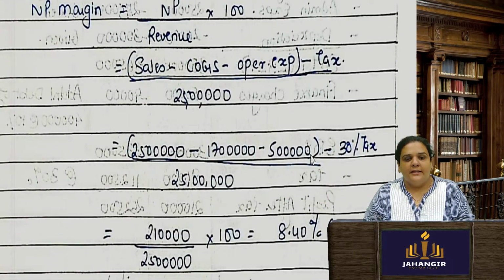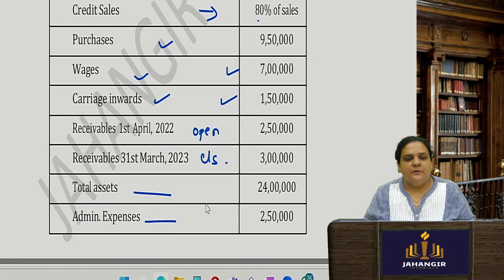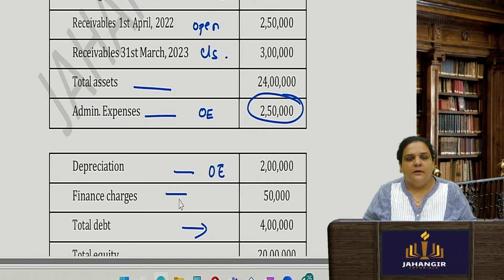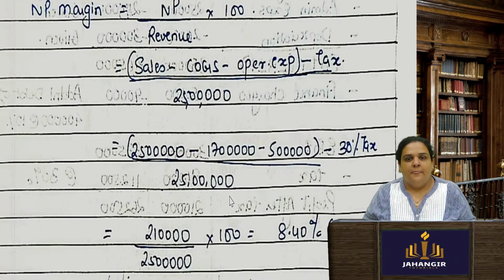What are the operating expenses? Operating expenses will be your administrative expense, then your depreciation, and your financial charges. All these are your P&L items, minus your tax rate. We take COGS minus all your operating expenses, then you get net profit before interest and tax. Interest is covered over here only, in financial charges.